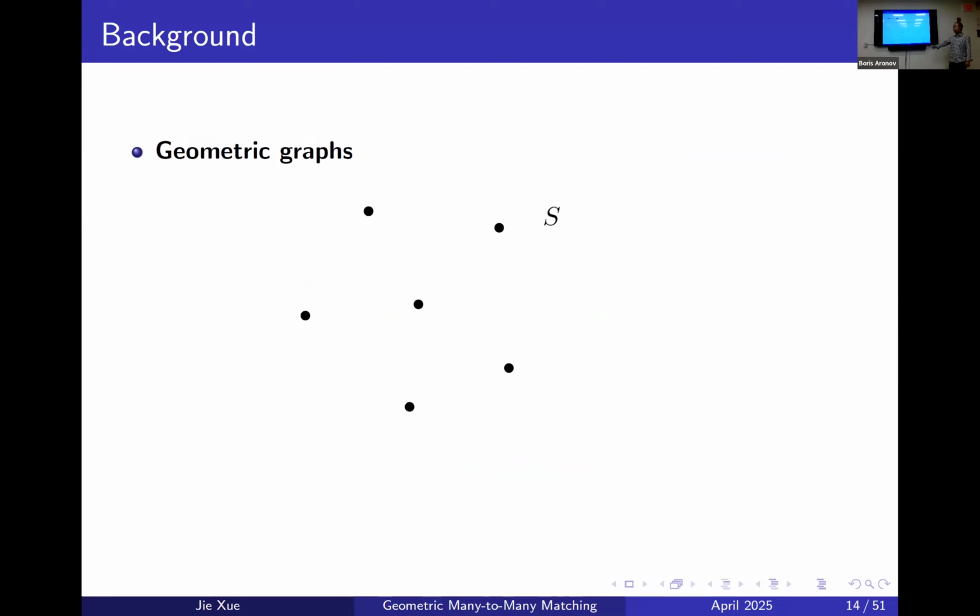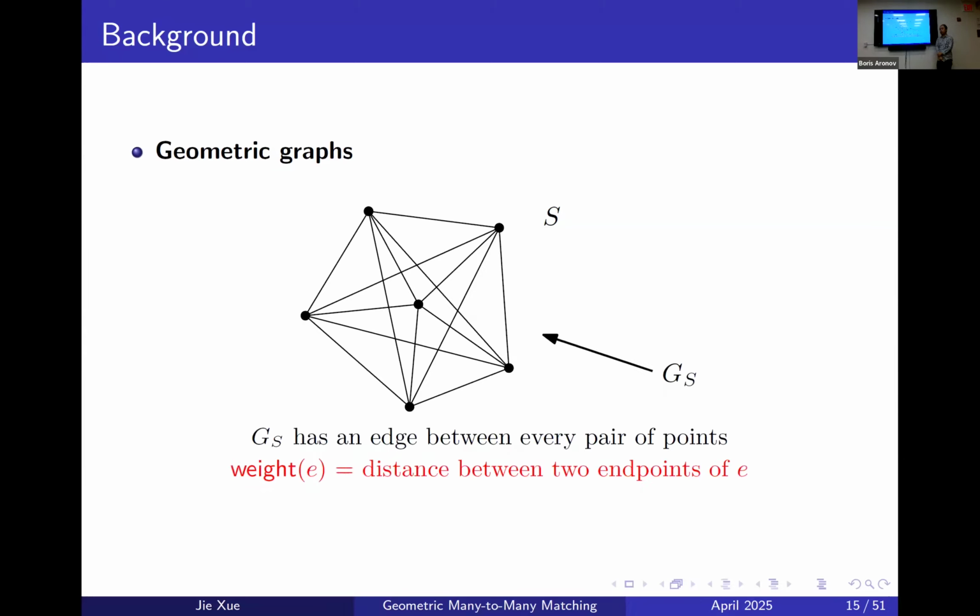Suppose you are given a set of points in the plane, say S, and those points are just the vertices of your graph. And then you connect each pair of points using an edge. Then this gives you nothing but a complete graph. So far, there's no geometry there. But when you define the weight of edges, if you use the distance between the two endpoints, then it naturally gives you the weights for every edge.